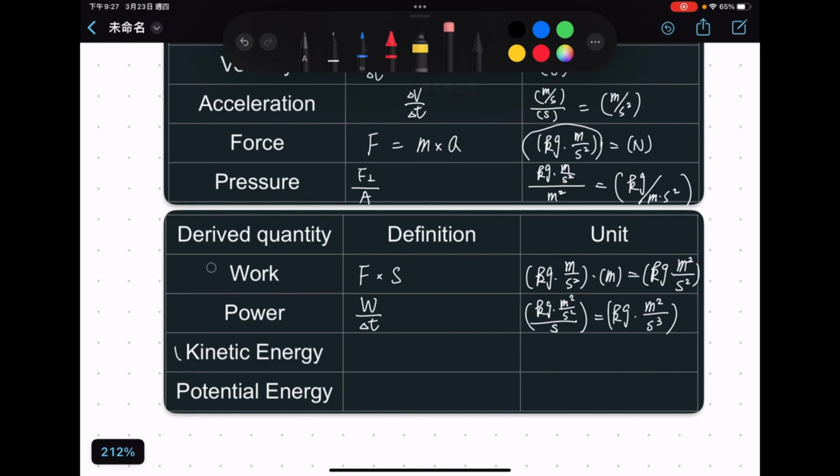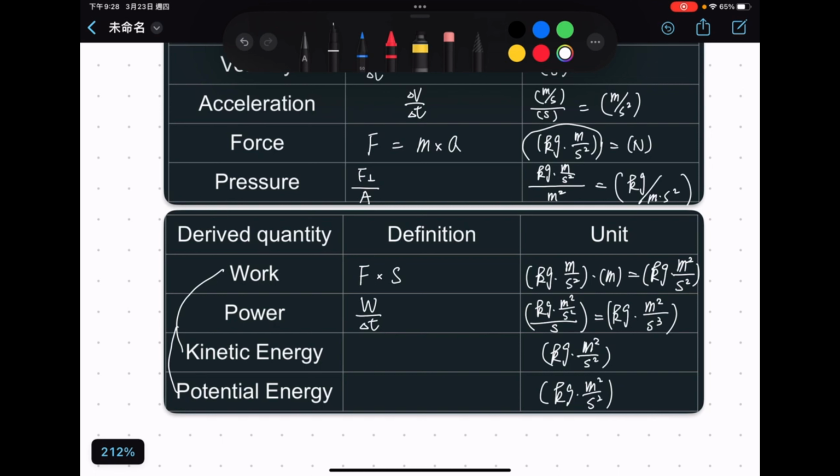We can just write down kilogram times meter square per second square. It will become easier because you can connect it with the other physical quantities. It's all about energy, so the unit is the same.